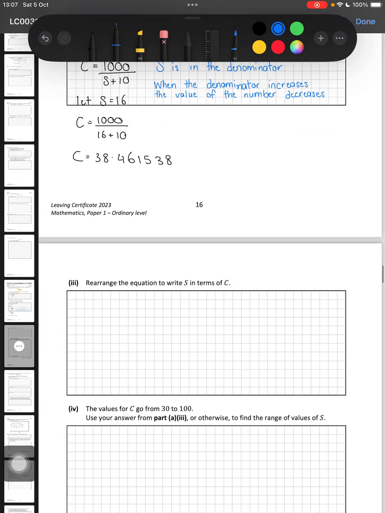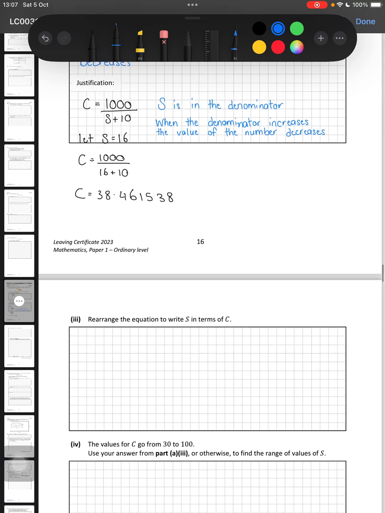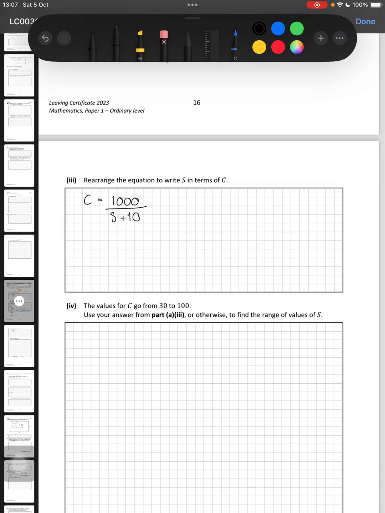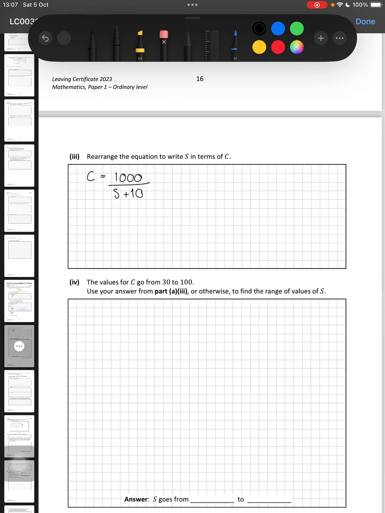Rearrange the equation to write S in terms of C. So the equation was C equals 1000 over S plus 10. To rearrange this, the weirdest thing is the fact that the denominator is where the variable is.